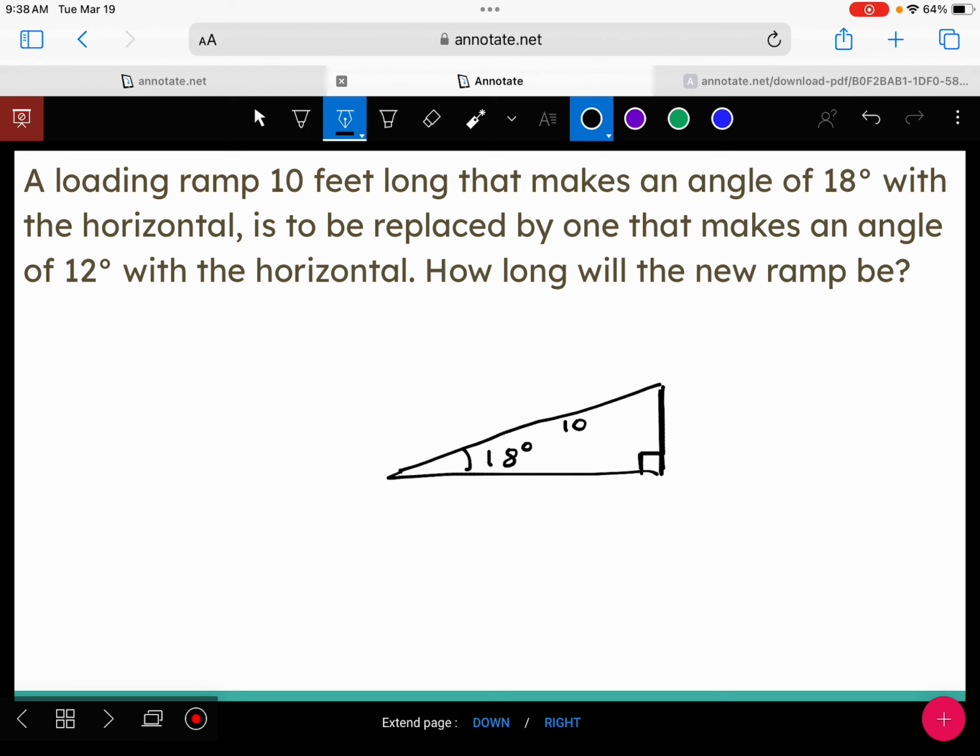We're looking at a wall of a building here, so we know that side's 90, because we're going up to a loading dock. Then we're going to get a new ramp that is going to be longer because we want this angle to be sharper. So we're going to buy a new ramp that gets us down to 12 degrees. It's a narrower angle. And we want to figure out what this distance is.